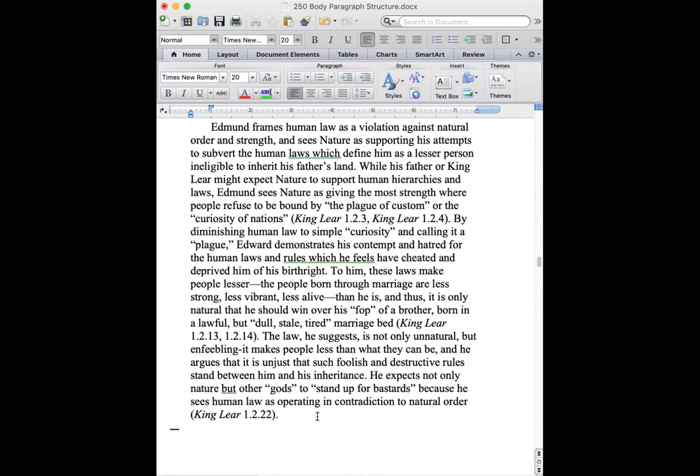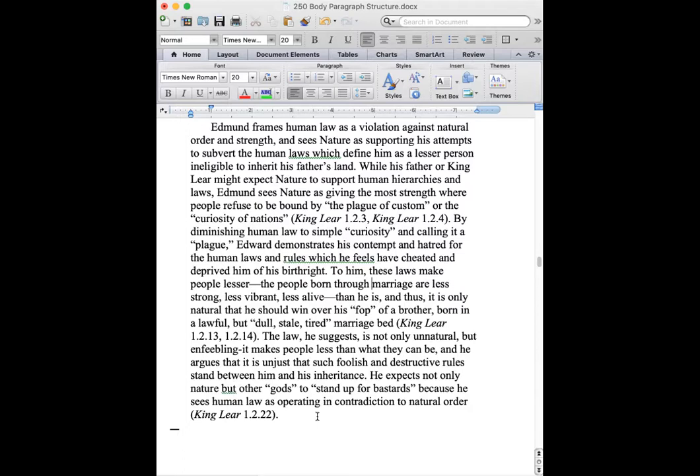And this is Edmund explaining his specific feelings about essentially being disinherited because he's illegitimate. And it's a pretty powerful speech.